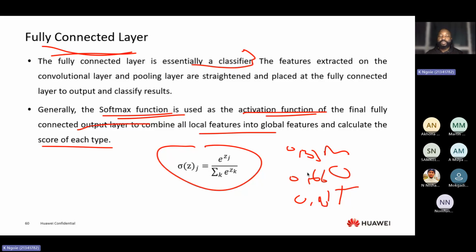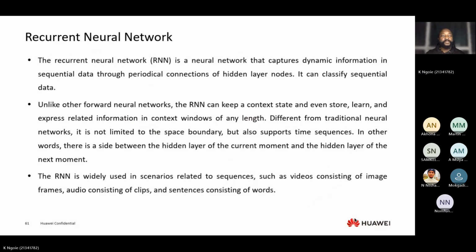So we have these probabilities here. Okay, so that was the CNN. What to remember: the CNN is used for image processing. The CNN in its structure has a convolutional layer, a fully connected layer, and a pooling layer. All right, that's how the neural network is.